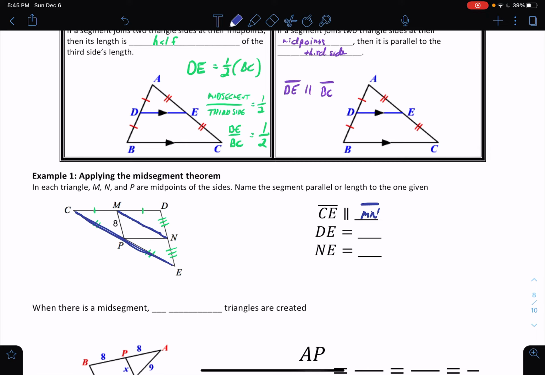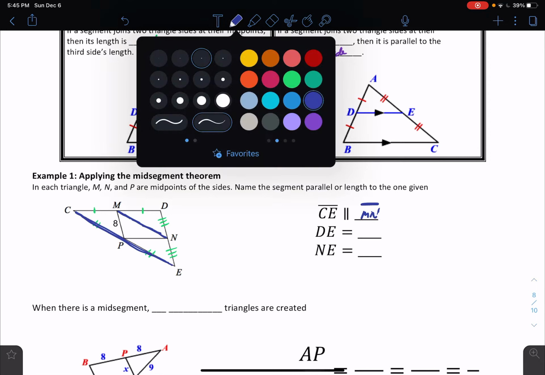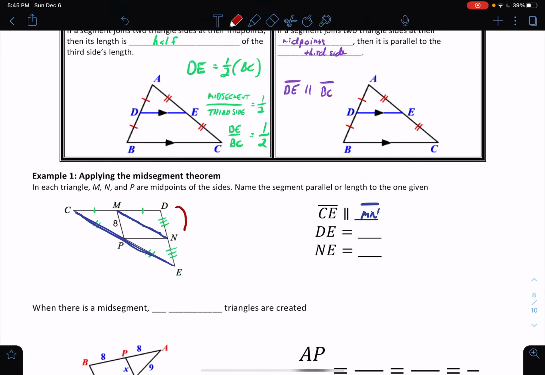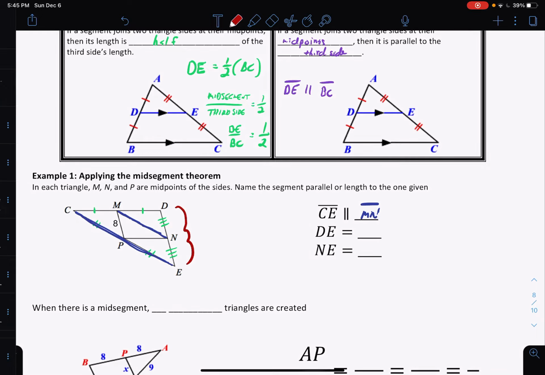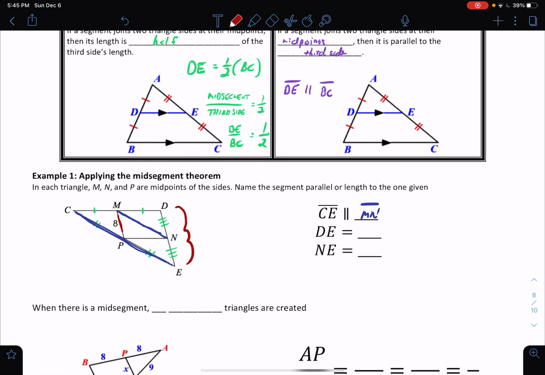Next up, we want to figure out what DE is equal to. Well, DE is this entire segment here. Its midsegment is MP, which is 8. So what do I have to do with the midsegment in order to get the third side? I need to double it.